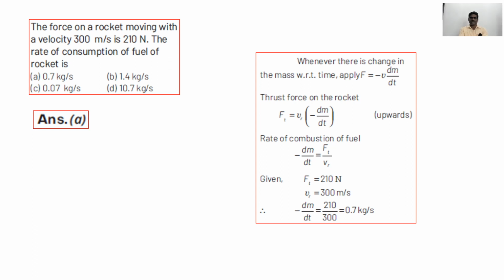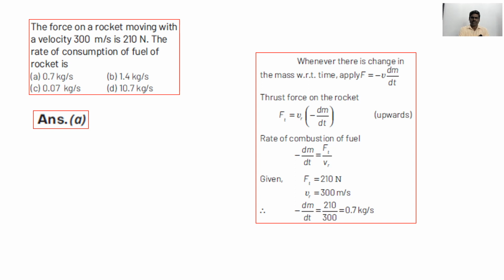Then thrust force on the rocket, Ft equal to V, that is velocity V into minus dm by dt, because it is acting upwards. Rate of combustion of fuel is nothing but dm by dt, that is the rate of change in mass with respect to time.